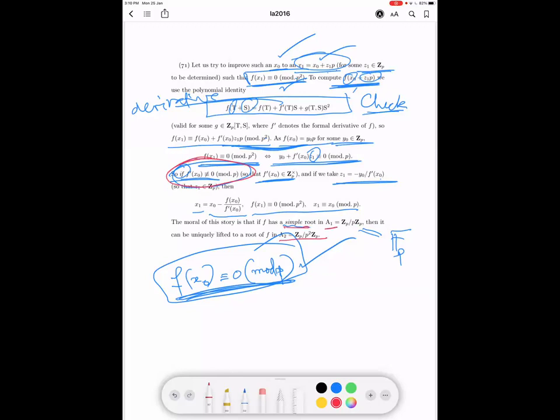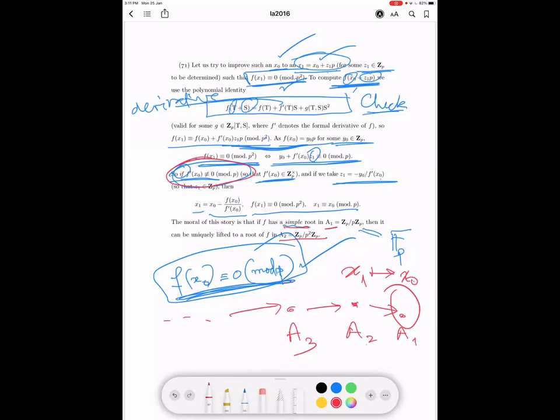We have a root in A1. What we want is a root in A1, a root in A2, a root in A3, such that these things map to each other, right? So we are starting with an x naught, which is a root here. Then we are improving it to an x1, which is a root here, and so on, and which goes to this x naught, right? So that is the idea. You start with an x naught in A1, then we try to get an x1 in A2.